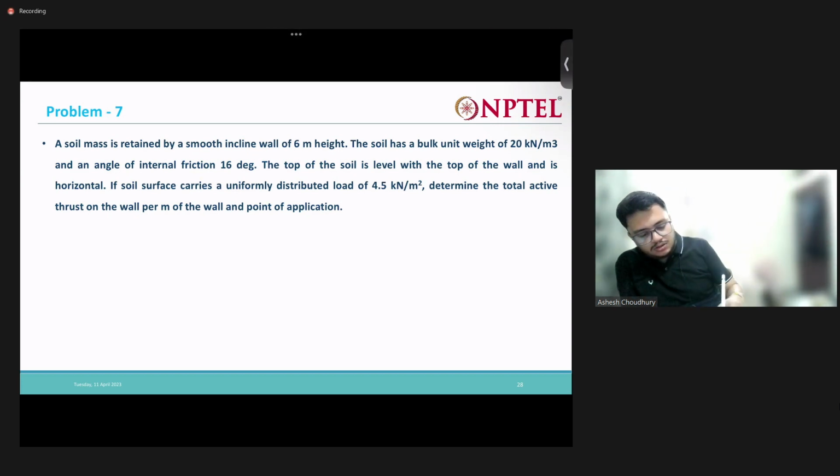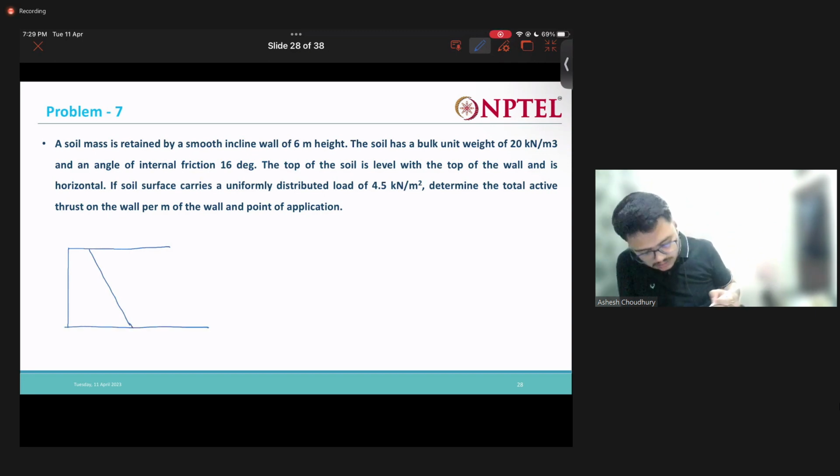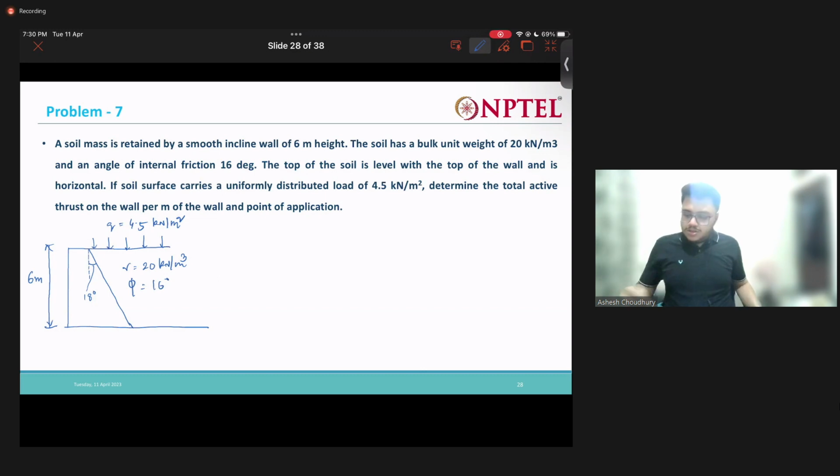Okay, so I will draw the diagram of this wall because it is given in the question. Gamma is 20, 16 degree.